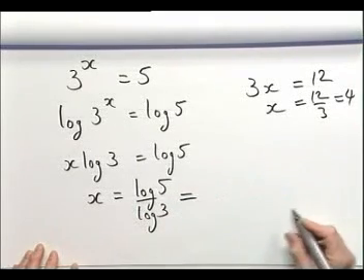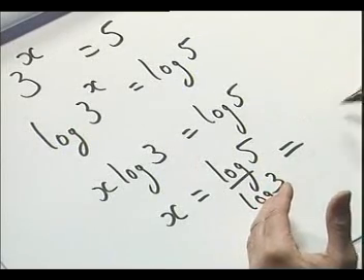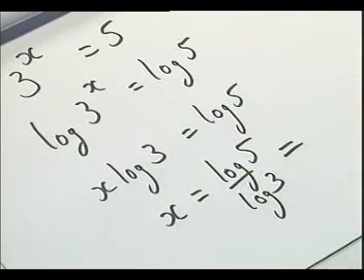And that calculation can be finished off using a calculator. We take the log of 5, divide it by the log of 3 using our calculator, and get the answer for x. Let's just have a look at one more example.